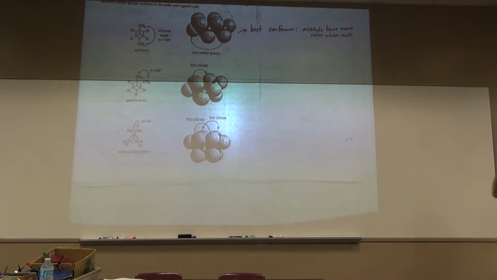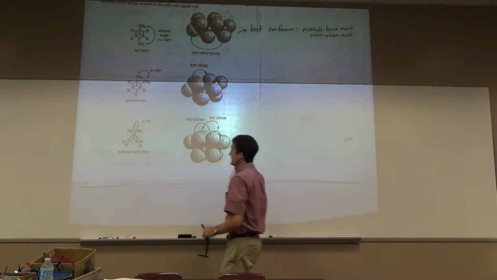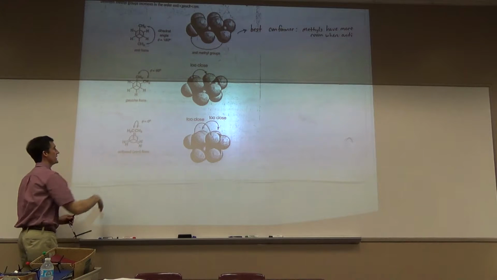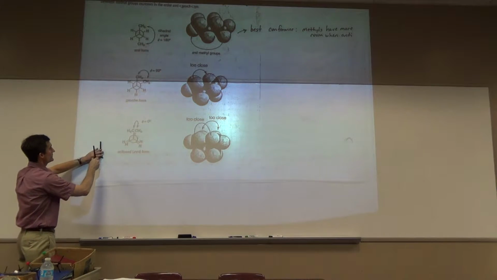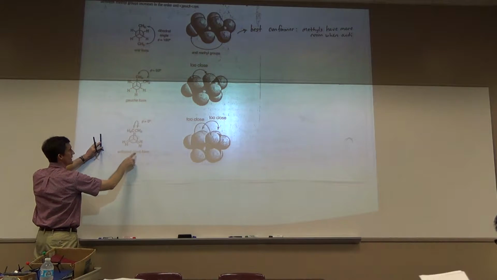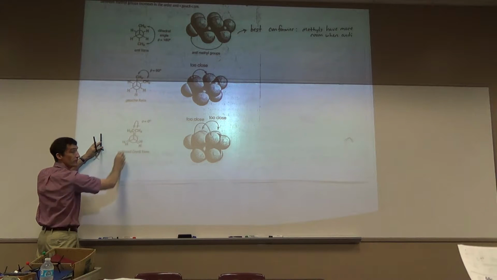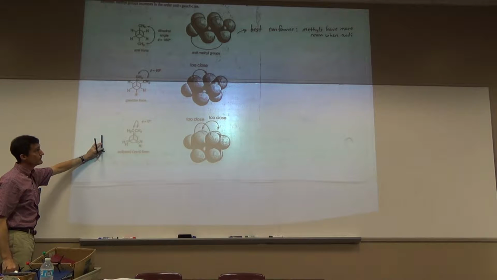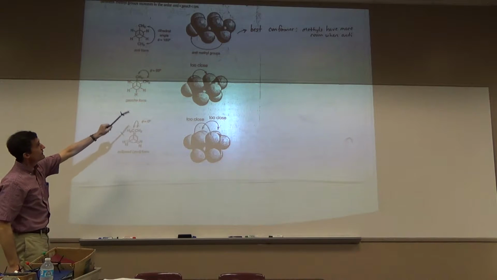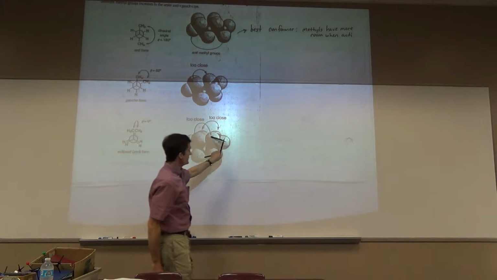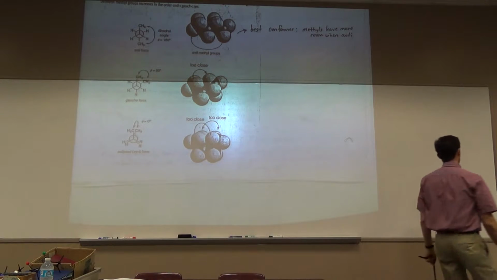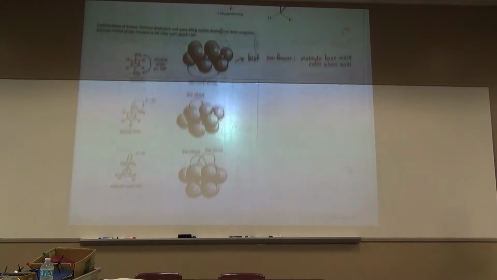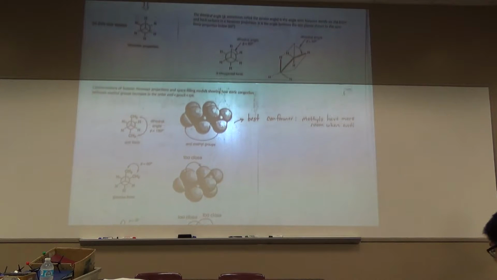There's a little bit of view over here. These are your Newman projections. So that's this here. Eclipse, syn form. Methyls are totally eclipsed. Now these are called space-filling models that are getting a little bit closer to reality to show the actual size of the atoms.